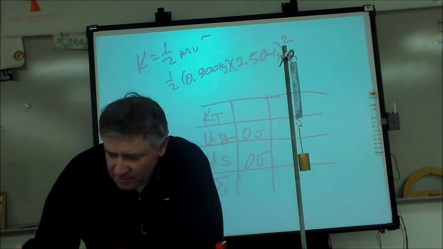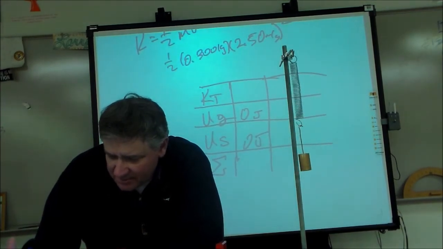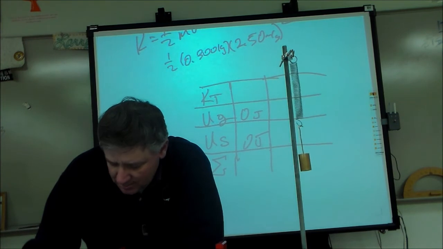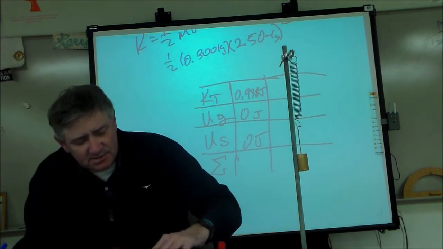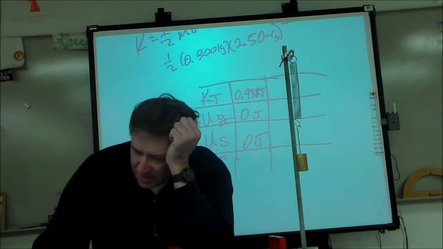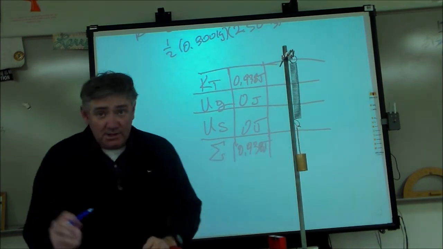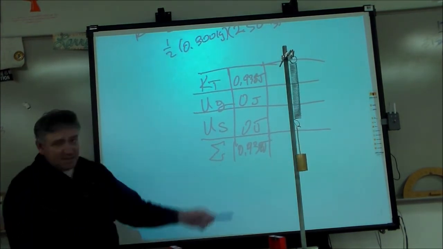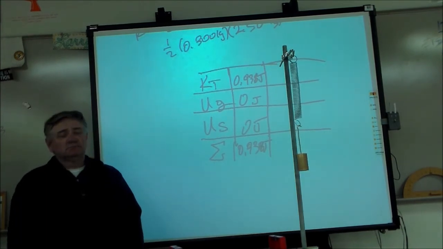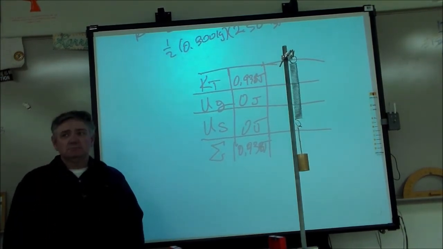So somebody take 2.5 squared times 0.3 times 1/2. 0.938 joules. Now, here's the cool thing about this. At any point, what do all my energies have to add up to? 0.938. That's it.